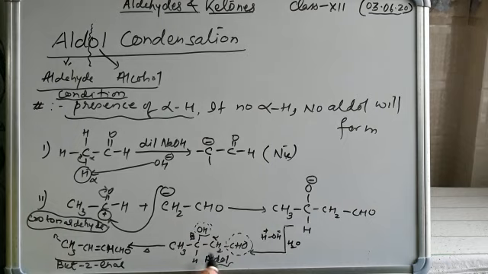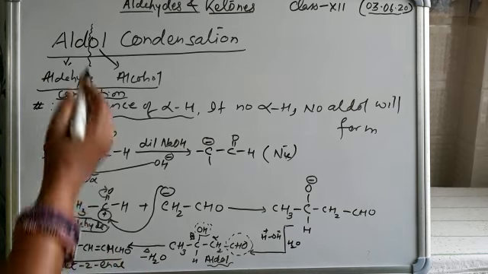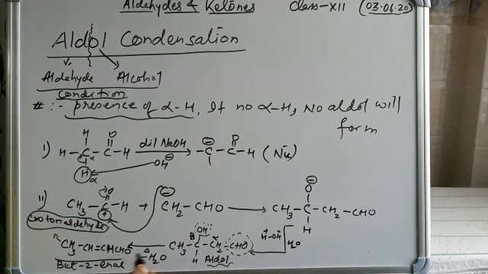Aldol condensation is called so because when aldol forms and is heated again, it undergoes condensation by the removal of water, and it forms but-2-enal, so it is known as aldol condensation. The condensation reaction takes place when this compound is heated, and removal of H plus ion takes place on the alpha carbon.